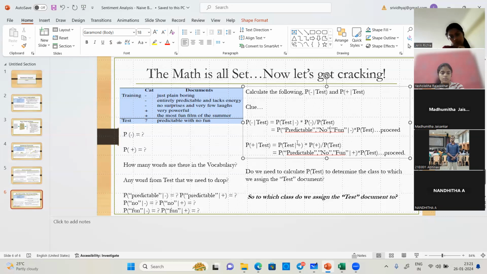We're just going to compare the rest. Okay. Now, next question. How many words are there in the vocabulary? Open your eyes, count, and tell me. The vocabulary comes from the training set, folks, right? Always. How many words are there?